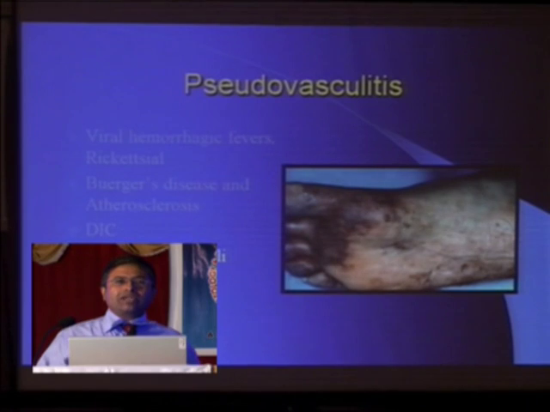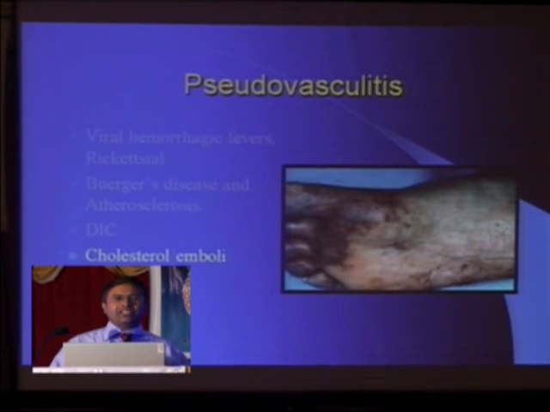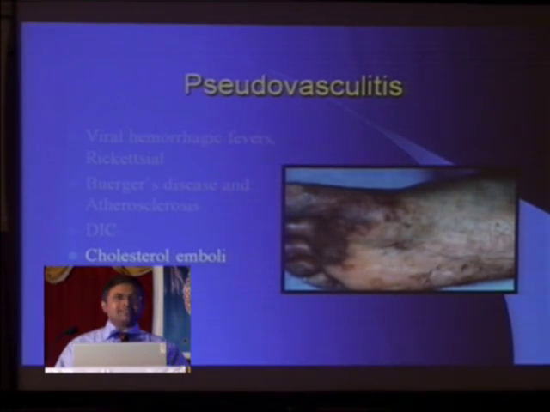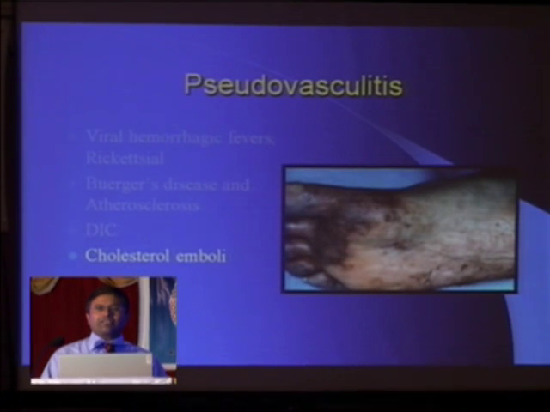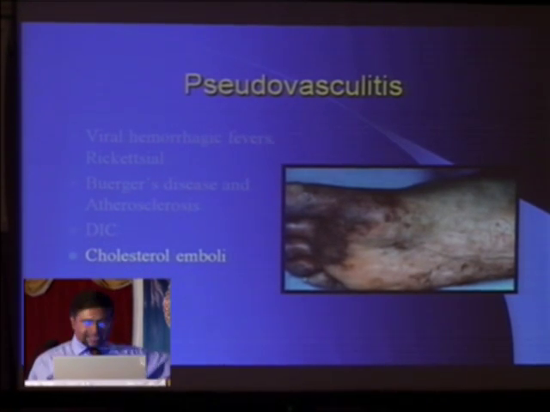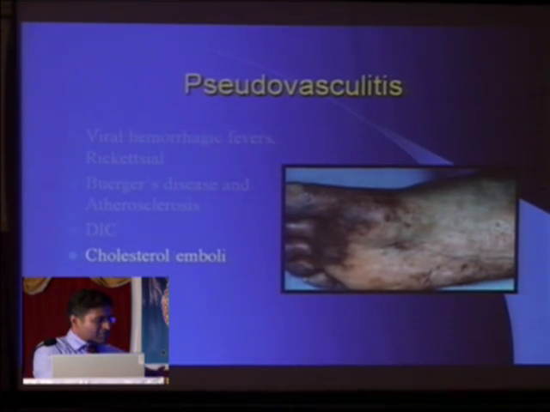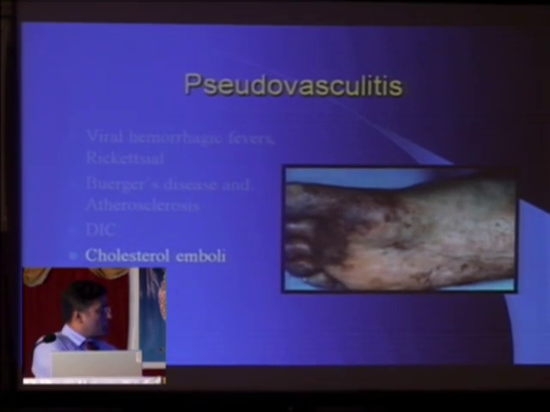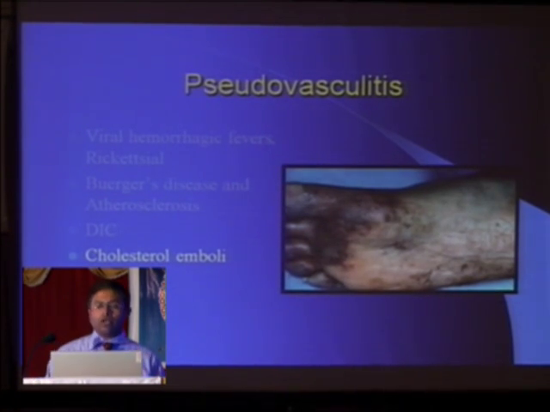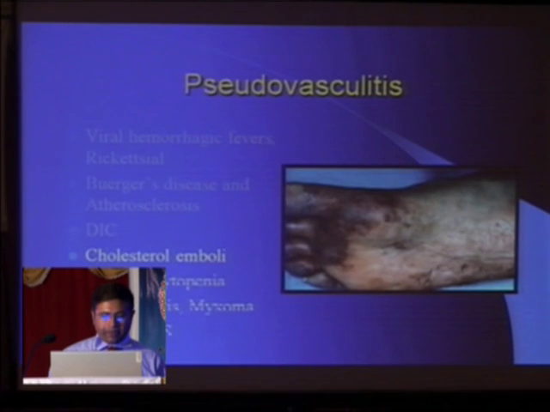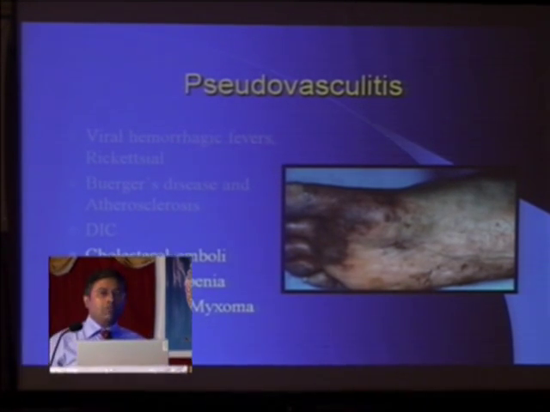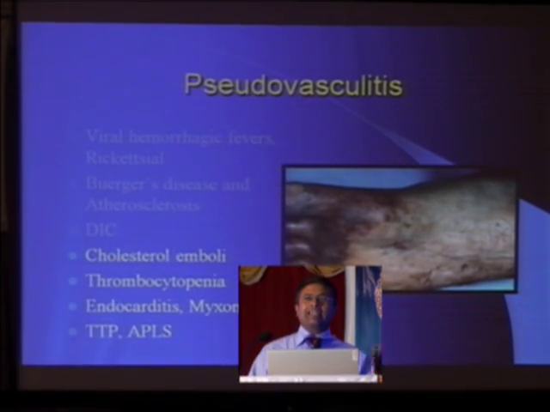A person who comes, let's say, with an MI or angina, your cardiologist takes him, does a procedure, angiography, and 6 hours later he develops this kind of a scenario. This is obviously not vasculitis, this is related to what is called cholesterol emboli. Then a classic thrombocytopenia can come with purpura.